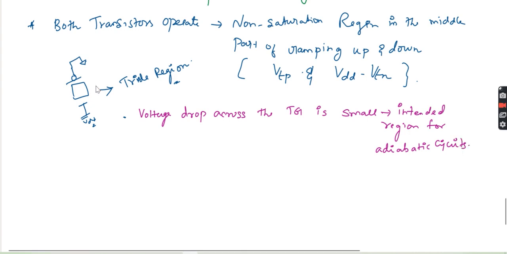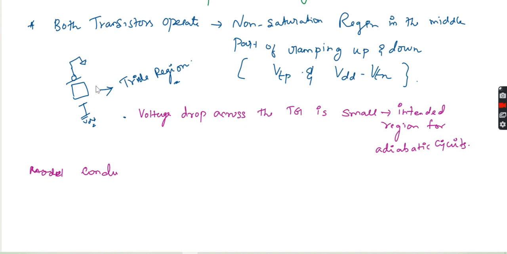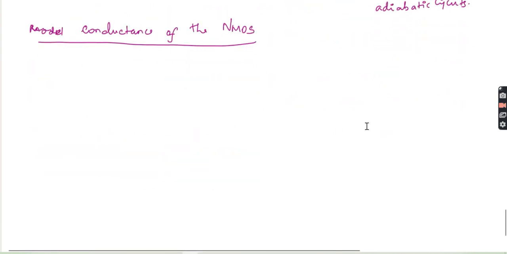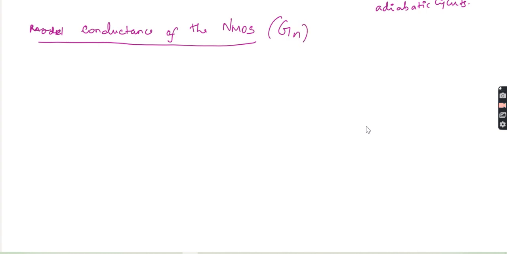Okay, now let us model the conductance of NMOS. As we know, the conductance for NMOS will be denoted as Gn.